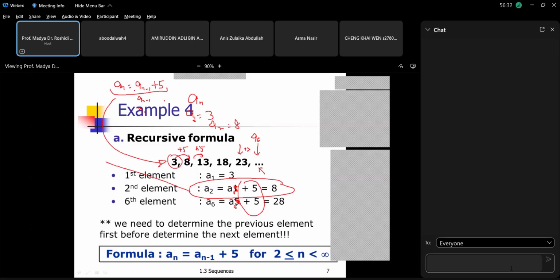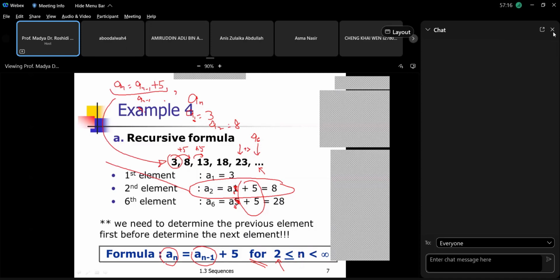It's only valid in a range. So we need to justify the range for this sequence. So in the recursive formula, we say an equal to an minus 1 plus 5, and in order to represent the value, we put for n greater than or equal to 2. How do we get this value 2? How many variables are involved in this 2?